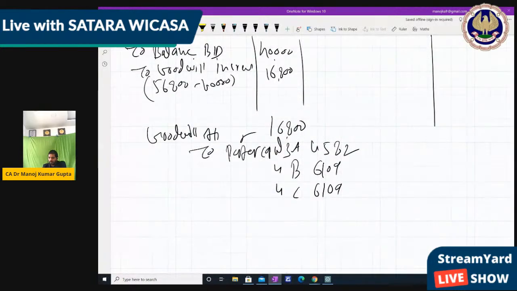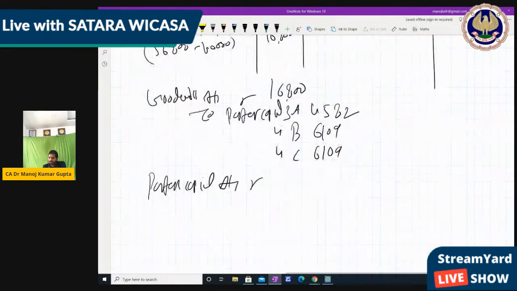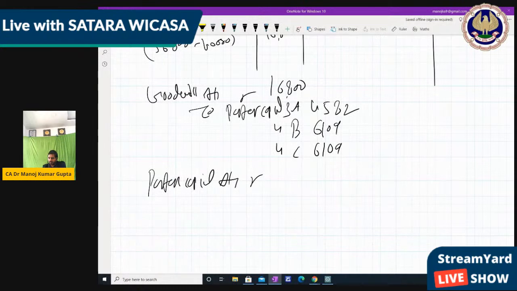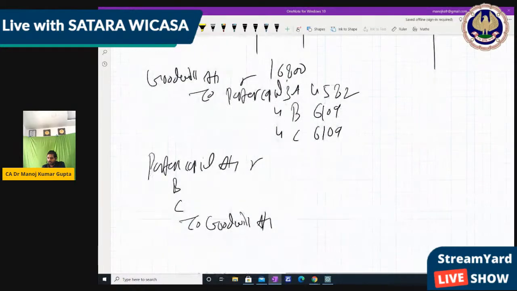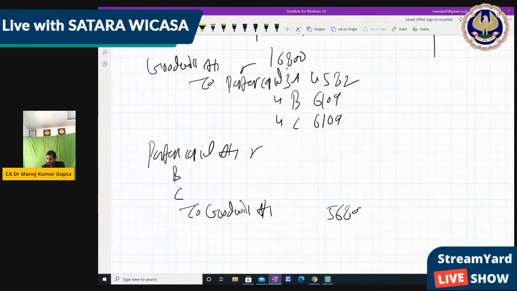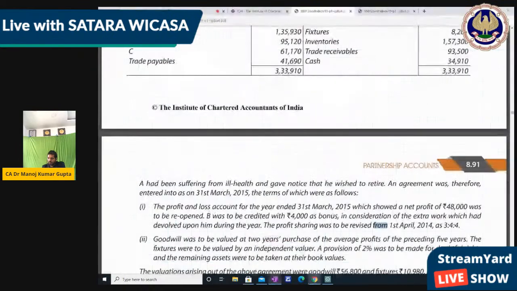We have to write off the goodwill also. So when we pass partners' capital account debit, where only the remaining partners will be used, that is partners B and C, to goodwill account, right? Entire goodwill we are going to write off, that is 56,800. Now in which ratio between B and C?